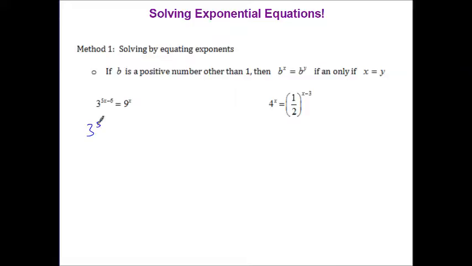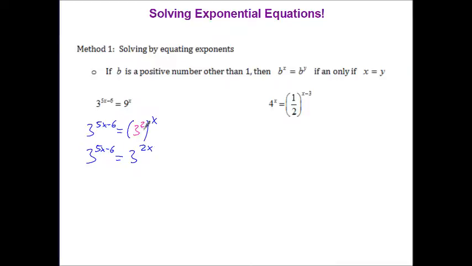Now, 3 to the power of 5x minus 6, and the 9 we know is 3 squared. That way we now have two bases that are the same. So now we just need to distribute those exponents on the right, and we have 3 to the power of 5x minus 6 is equal to 3 to the power of 2x.